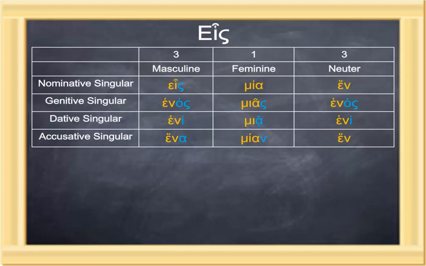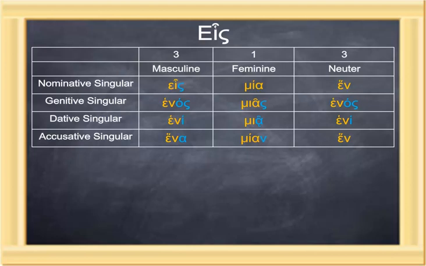In the dative singular, of course, the iota cannot subscript, so heni, and in the accusative singular, hena.